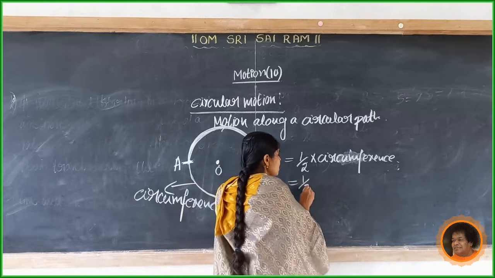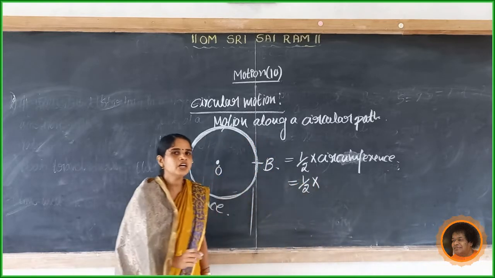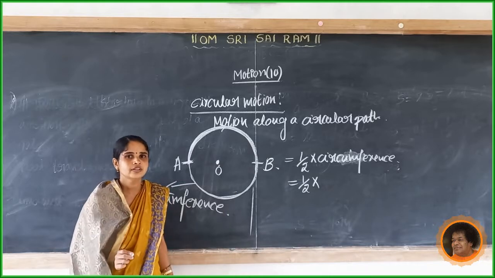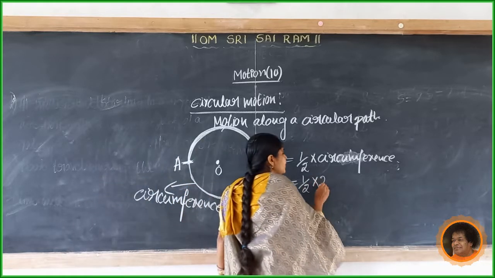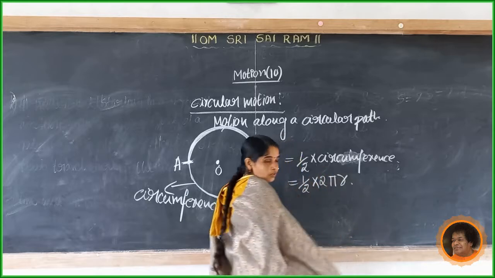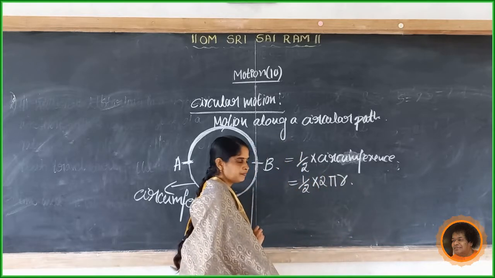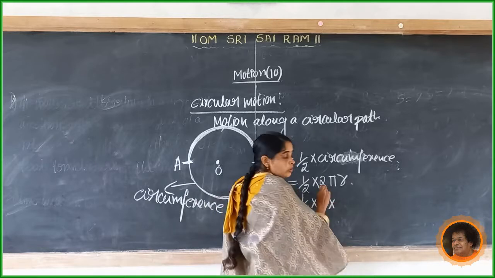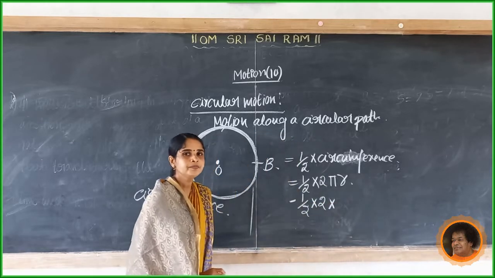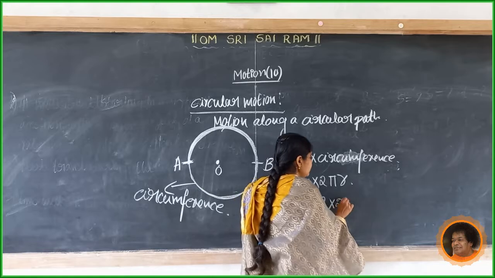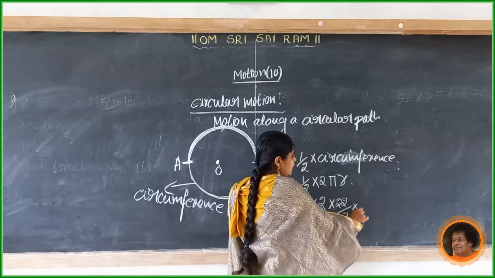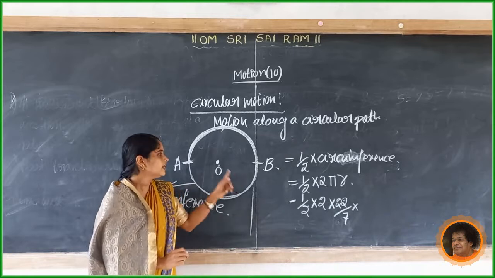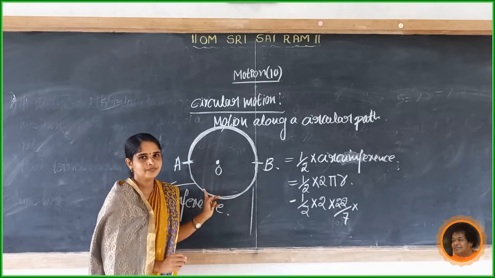Distance travelled equals half into, what is the formula for circumference? Its formula is 2 pi r. So half into 2 into, what is the value of pi? 22 divided by 7. And here r is the radius of this circle.